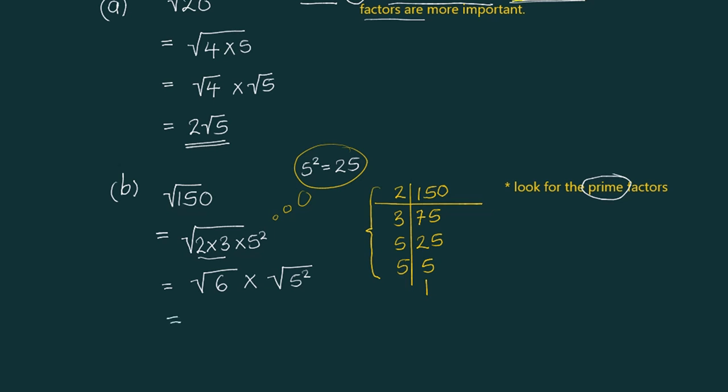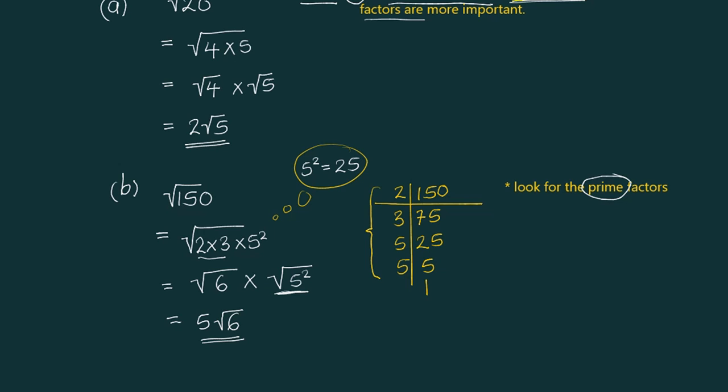And the square root of 5 squared here is 5. So multiplying 5 by root 6, what we'll be getting is 5 root 6, and that is our solution to part B. That's the answer right there. So that's simply how we can simplify such a surd like 150.